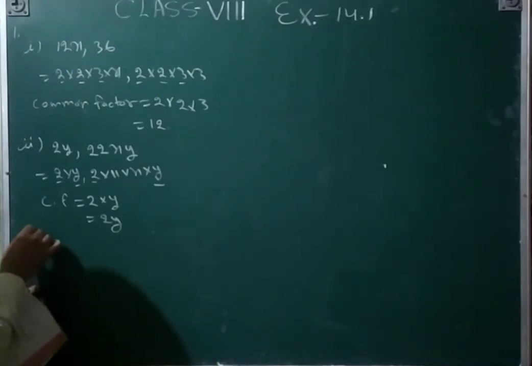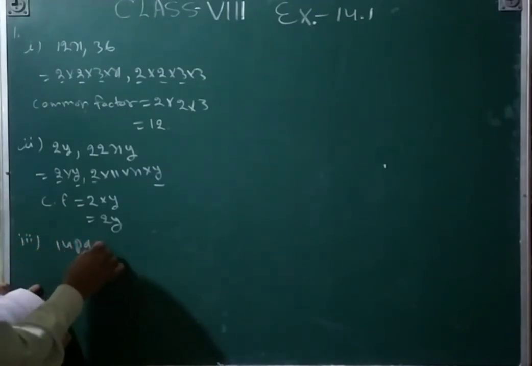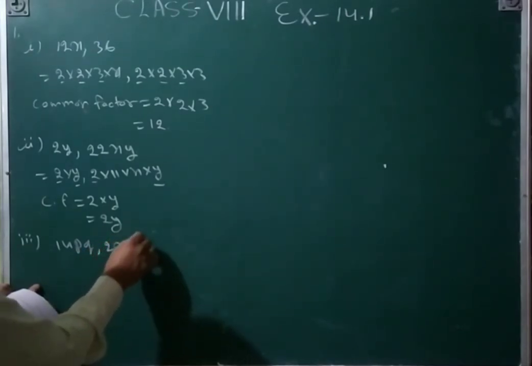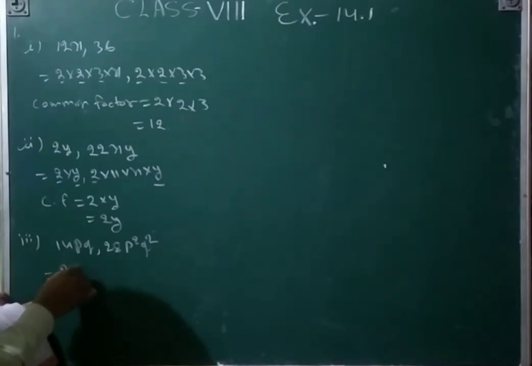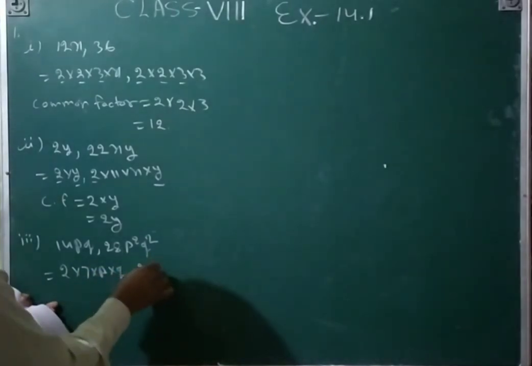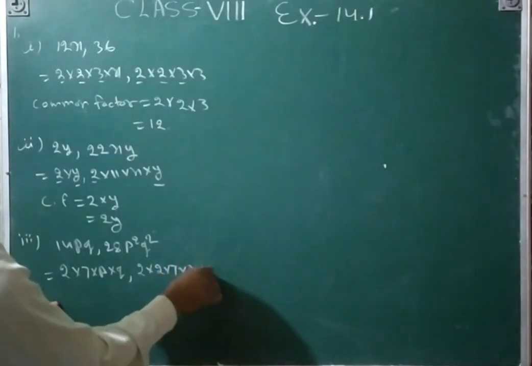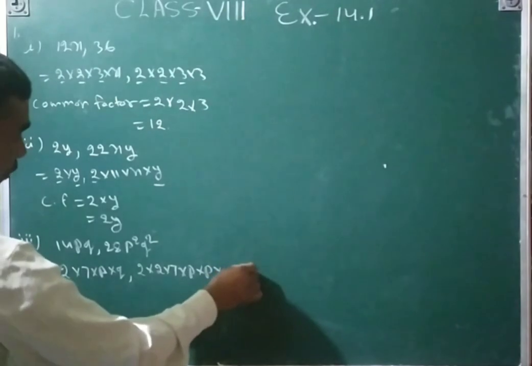And then the third part: 14pq, 28p square q square. So that is 2 into 7 into p into q, and p power 2 means p into p, and q into q.